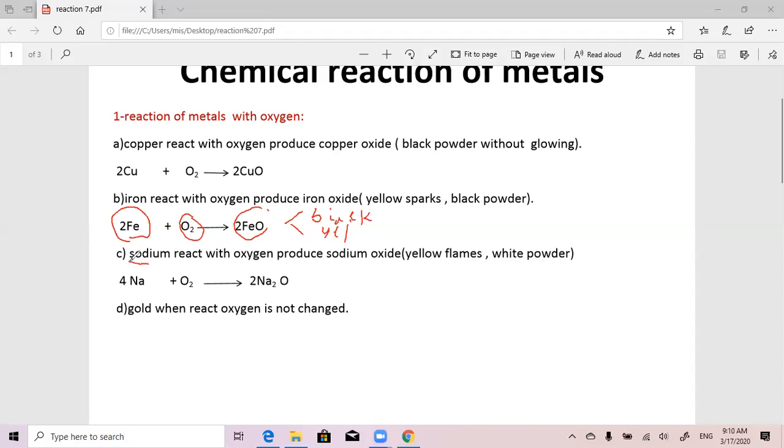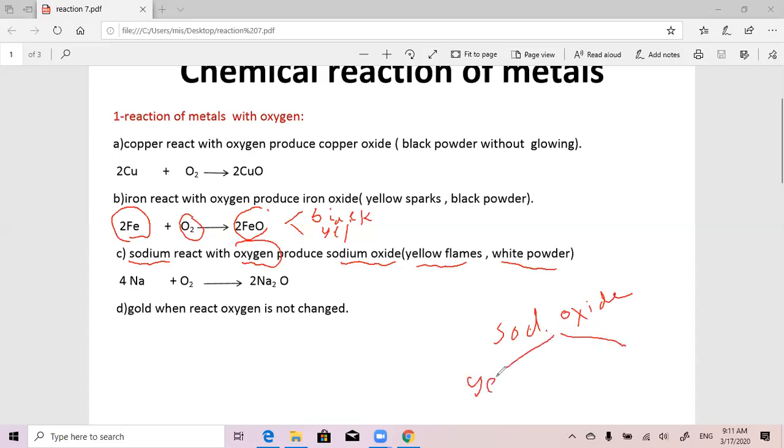Sodium reacts with oxygen to produce sodium oxide. The properties of sodium oxide: yellow flame and white powder. يعني عندنا sodium oxide, two properties.